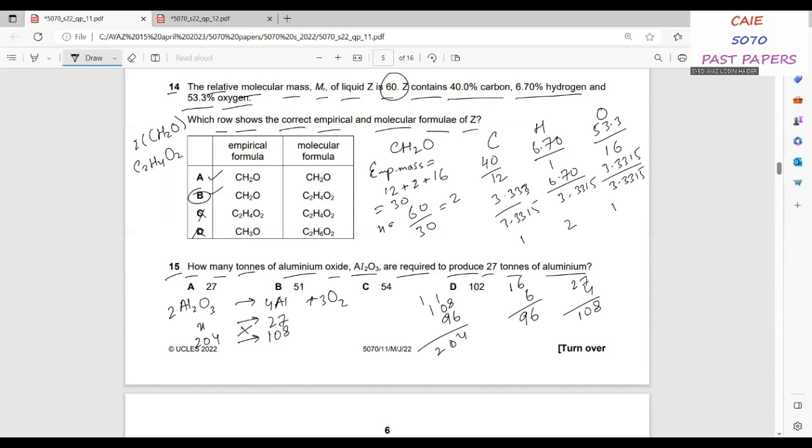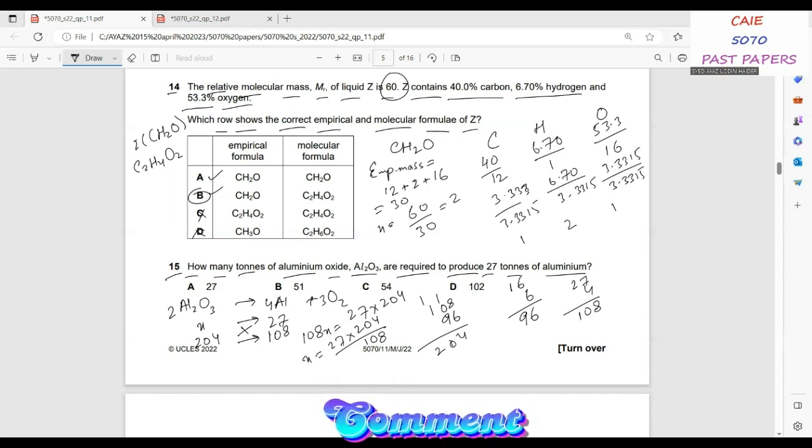Cross multiplying, you will get 108x is equal to 27 multiplied by 204, or x is equal to 27 multiplied by 204 divided by 108. 27 multiplied by 204 divided by 108 is 51. So B will be the right answer for question number 15.